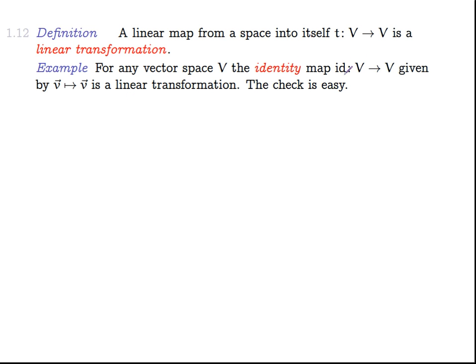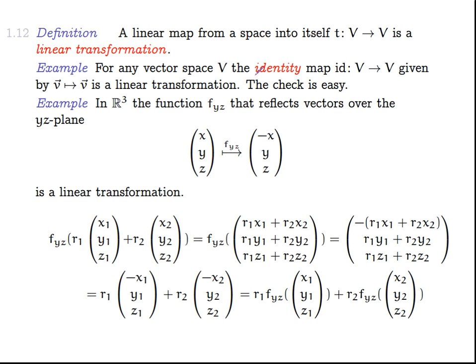One example is the identity map. We've already shown the identity map is an isomorphism, and isomorphisms are linear maps. So in this case, it's a linear transformation. And you can check that this reflection map is also a linear transformation. What does reflection do? Think about it.